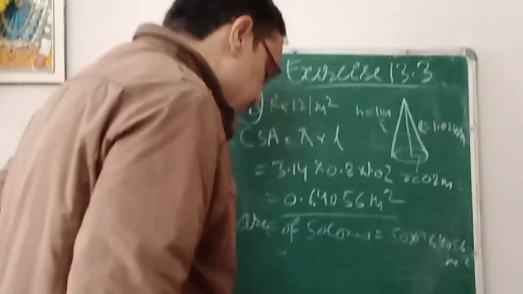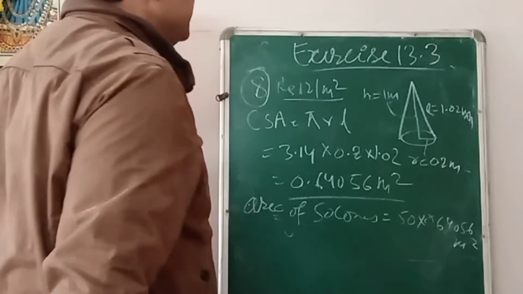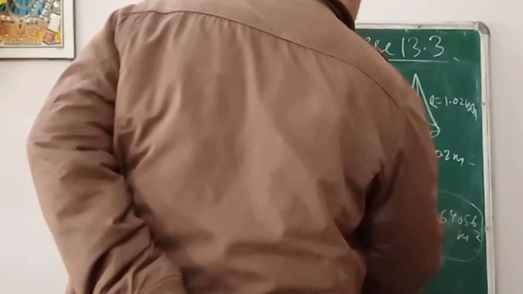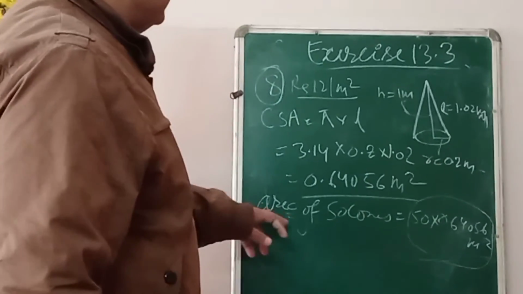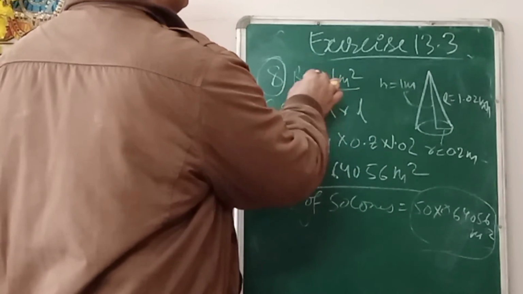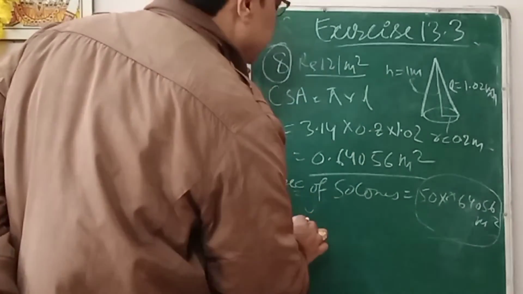Okay. So this much area of material is required to make these 50 cones, and the material comes at rupees 12 per meter square. So we need to multiply this with 12.